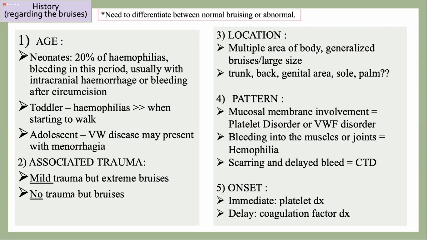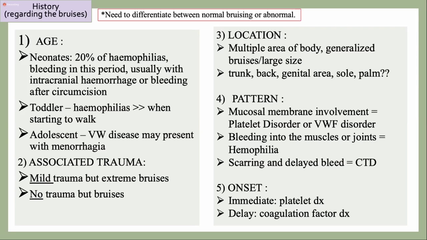Then we need to inquire regarding the location of the bruises, whether it involves multiple areas of the body or is only localized at one site. We need to know specifically whether it's the trunk, back, genital area, sole, or palm, as bruises at those sites are very suspicious.